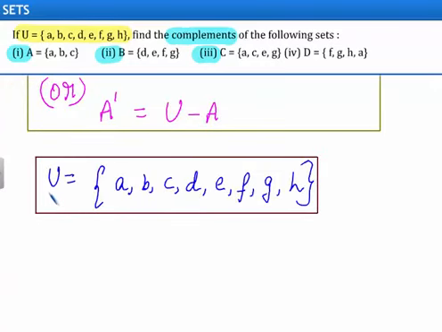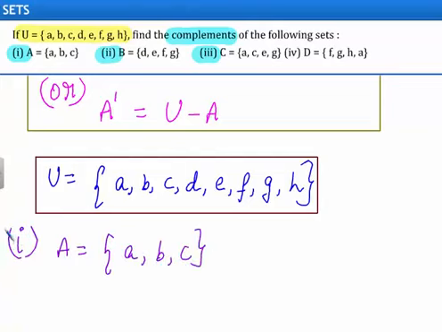We are given the universal set U. In the first part of the problem, we have the set A. We need to find the complement of the set A. So A complement will be equal to the set of elements which are in the universal set and which are not in the set A. They are D, E, F, G, H. Let us write them.